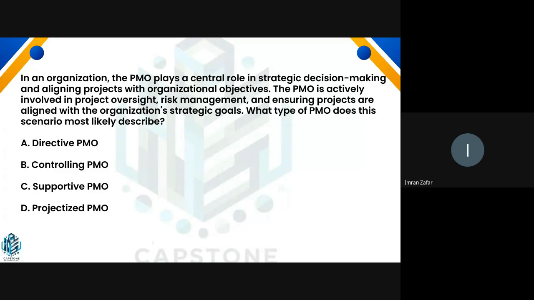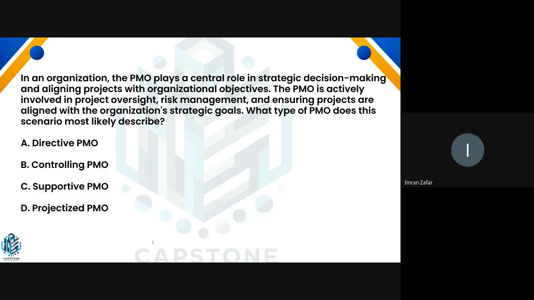It has a higher degree of control over project management practices and risk management, and it ensures that the project is aligned with organizational objectives.